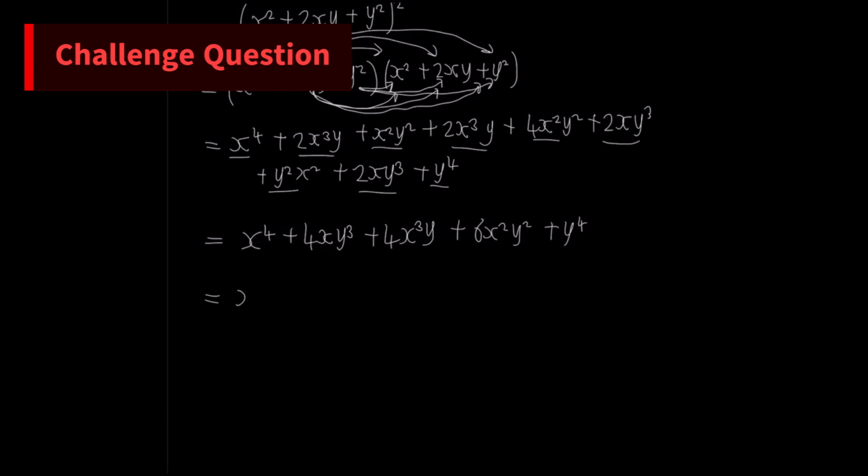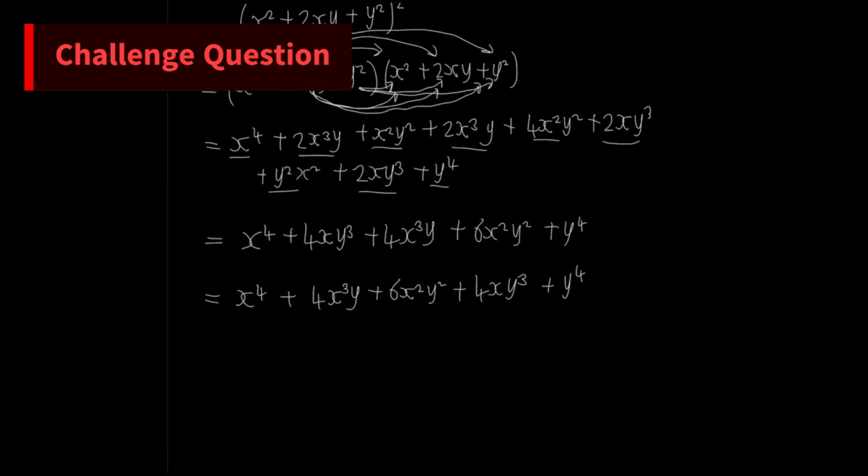So we can write this in a slightly different way, in terms of decreasing powers of x, like this. There's 4x cubed y, and then the y to the power 4 in the end, that's obviously x to the power 0. Apologies, this term is not right. It should be xy cubed.